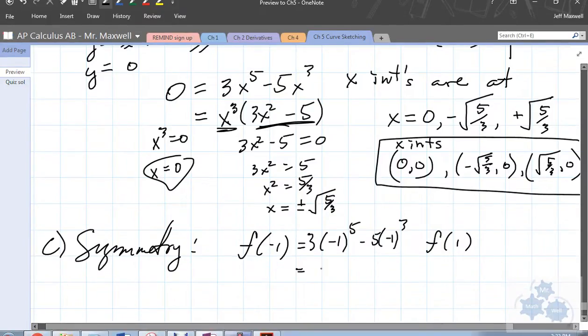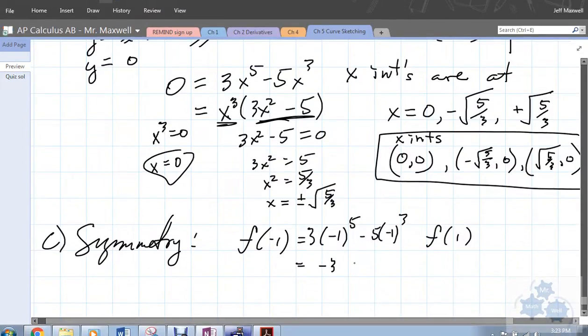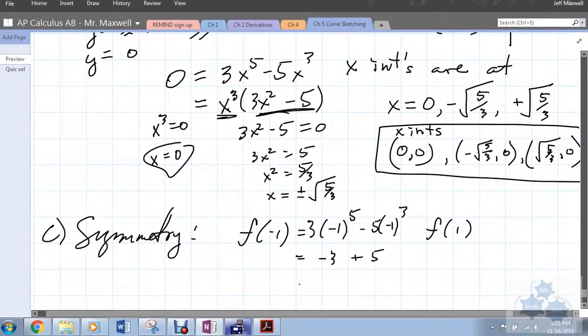So if we evaluate that, that's negative 3 plus 5, so that's 2. And f of positive 1 is going to be 3 minus 5. It's going to be negative 2.